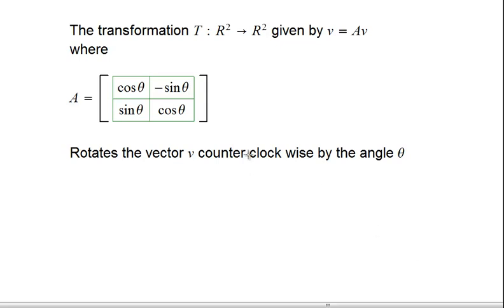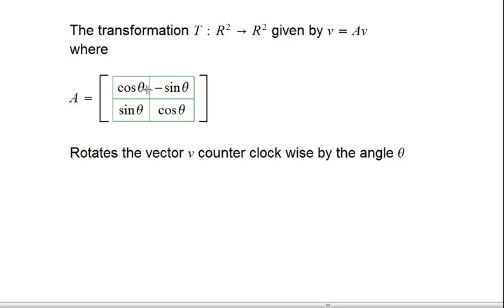Okay, so a transformation from the plane R2 to R2, which is defined by multiplying a vector by this matrix A, which is given by these values for a real number theta, which is representing an angle in this case.